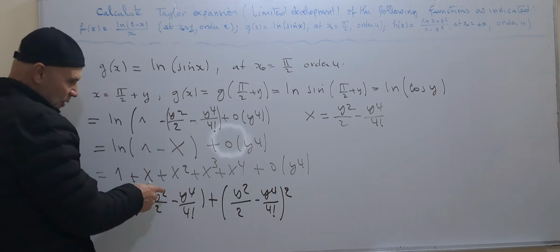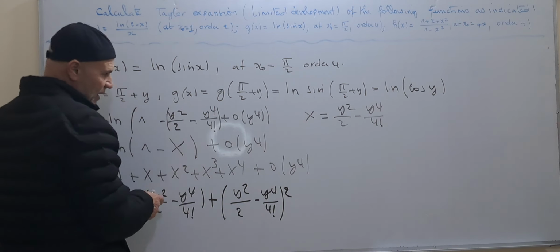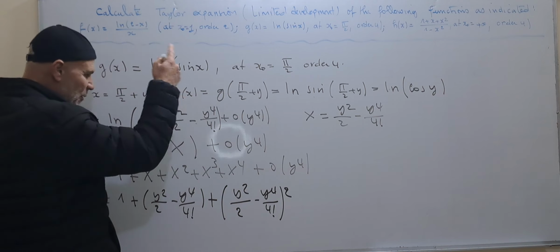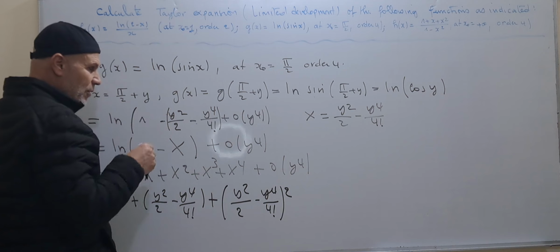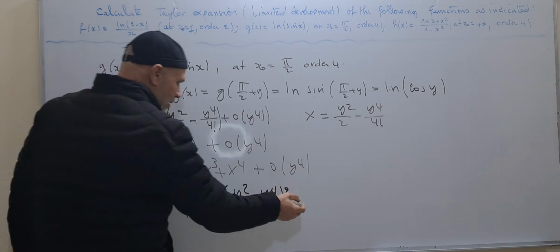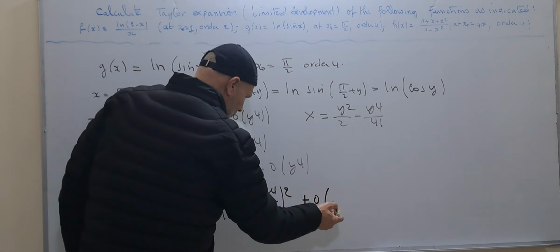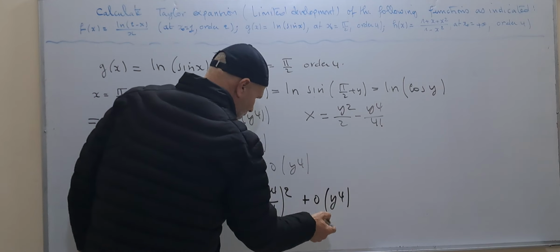Why? Because if we take x power 3, it will be y power 2 to the power 3, it passes over the order 4, plus y power 4.